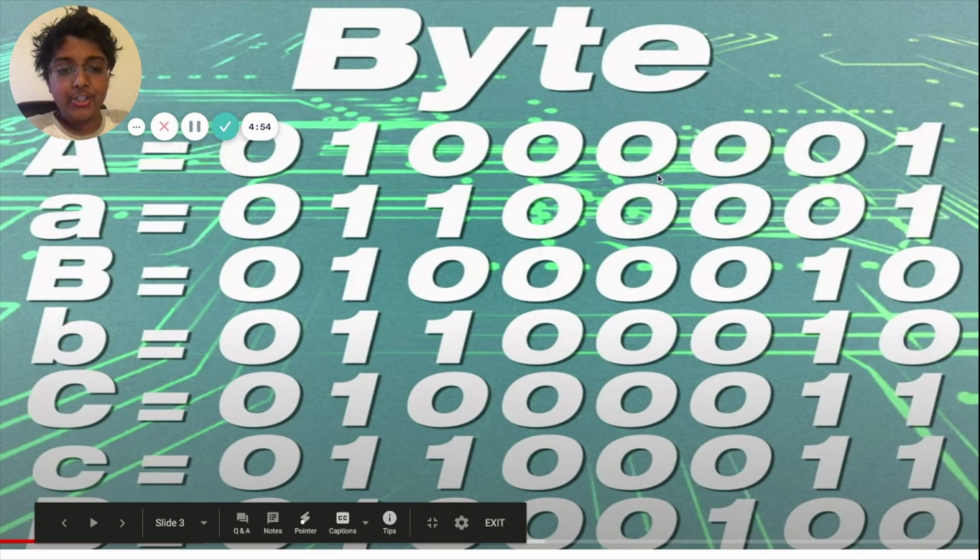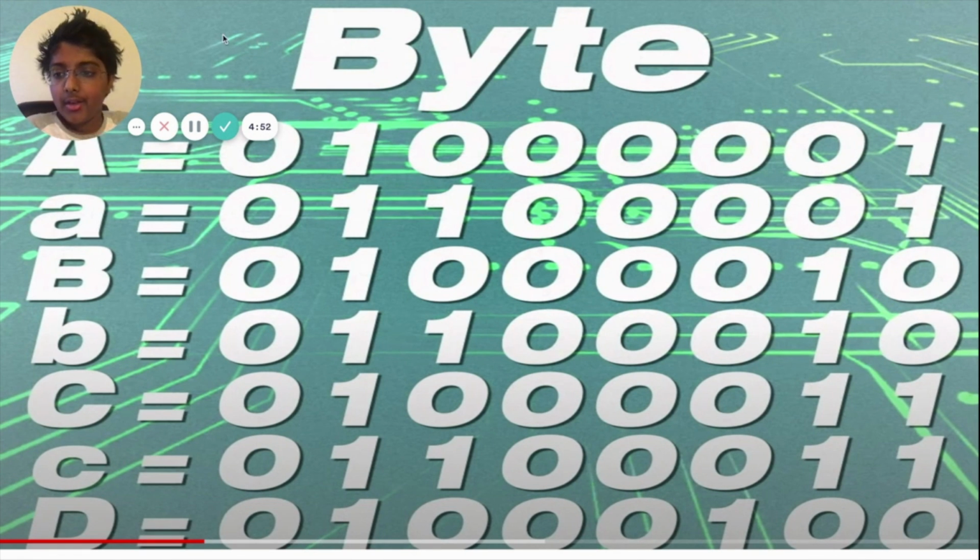A bit is just a single 0 or 1. And in the English language, an uppercase A is equal to this combination, lowercase a is equal to this combination, and so on. It's basically the computer's way of transferring an A from one computer to another. Since they cannot just say A to another computer, like us humans.